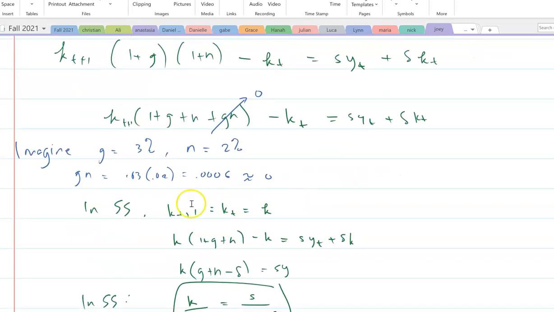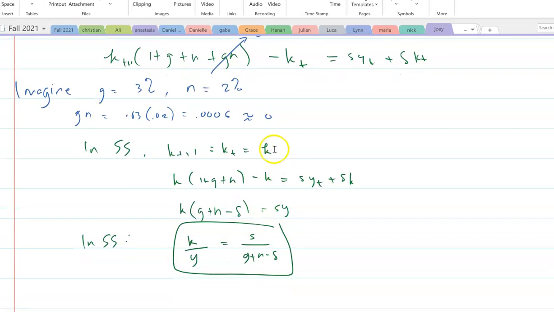In steady state, k_t will be equal to k_t+1, because that's what steady state means. So we just assume that it's equal to k. Steady state means it doesn't grow, so your little k today will be equal to the little k tomorrow.